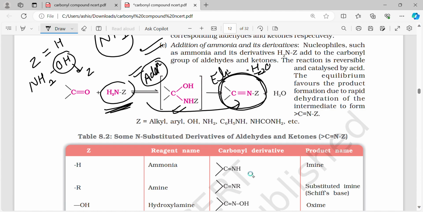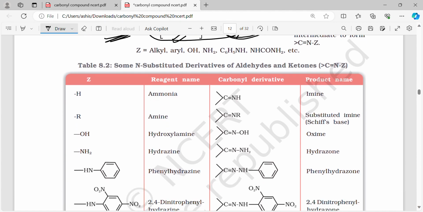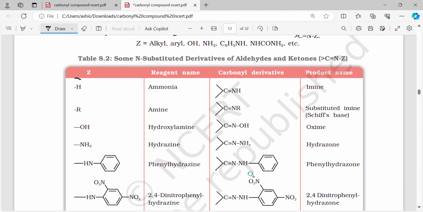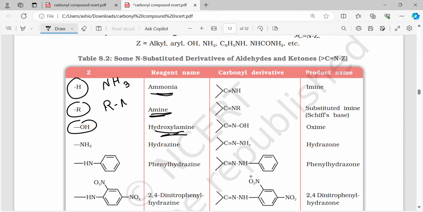The equilibrium shifts towards the product side, because as soon as this intermediate is formed, it gets converted into this final product by elimination of one molecule of H2O. So if Z is H, then the reagent is ammonia. If Z is R, then amine. Z is OH, then that is called hydroxylamine.